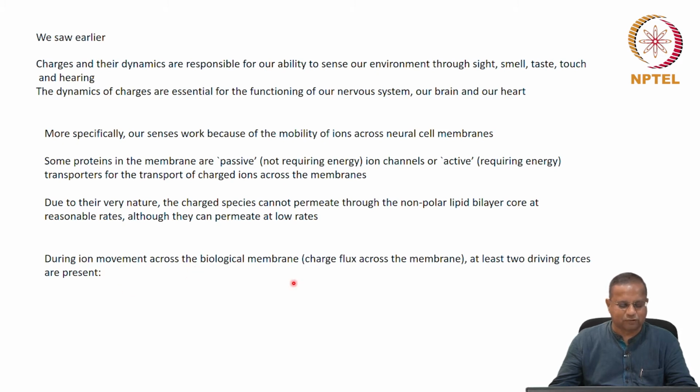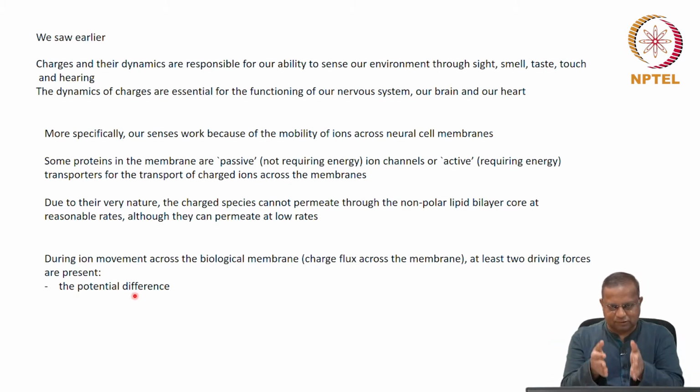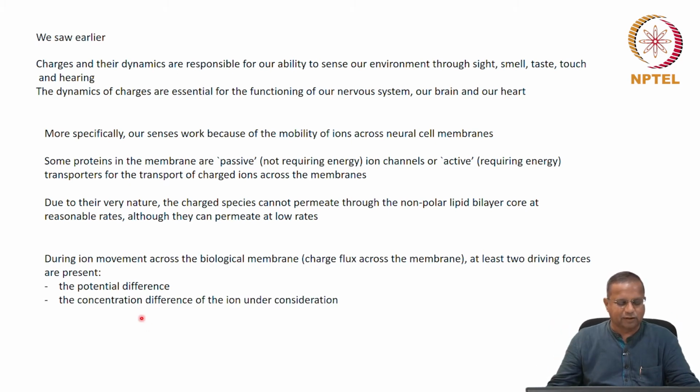These two driving forces are the potential difference, since if there is a difference in charges across a distance, in this case a membrane, there's going to be an electrical potential gradient, and the concentration difference of the ion. Both of these are going to contribute.